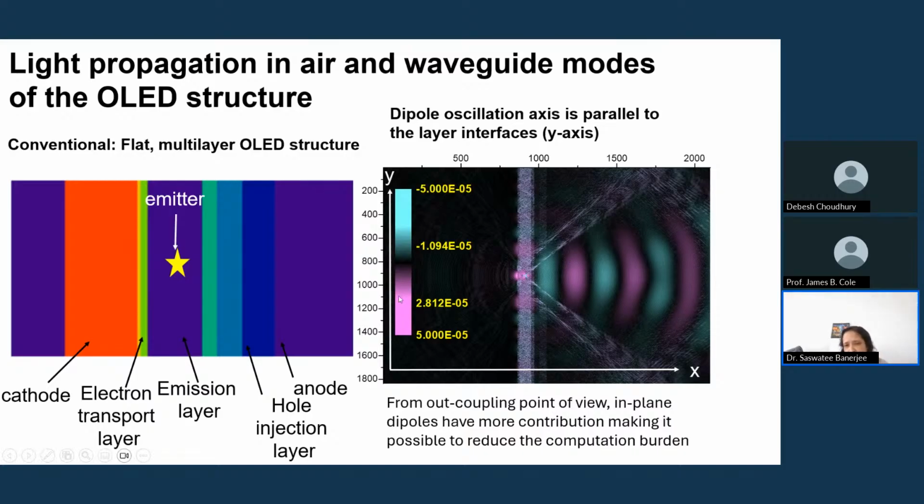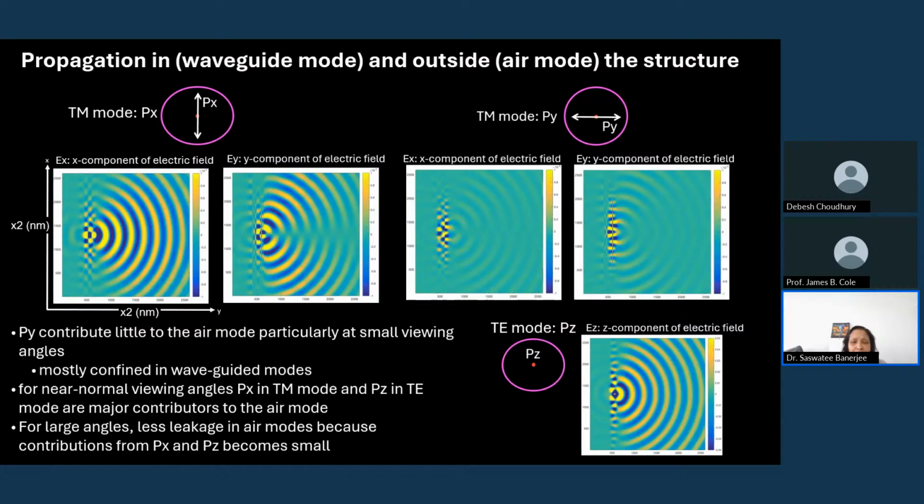On the right-hand side, you can see one little radiating dipole that I put here. If the polarization is along this, you can see that the light is coming out.